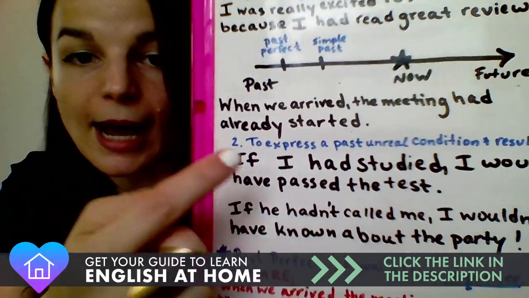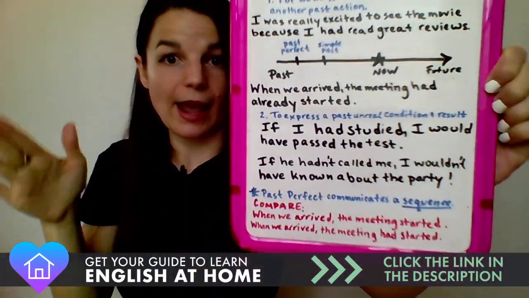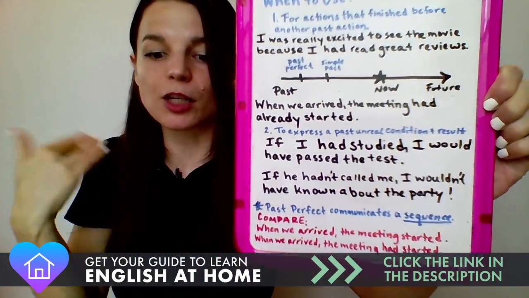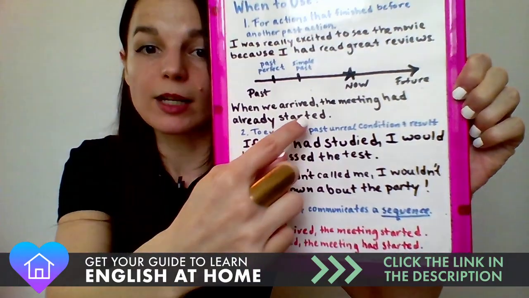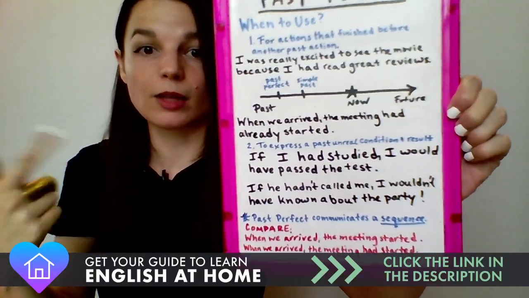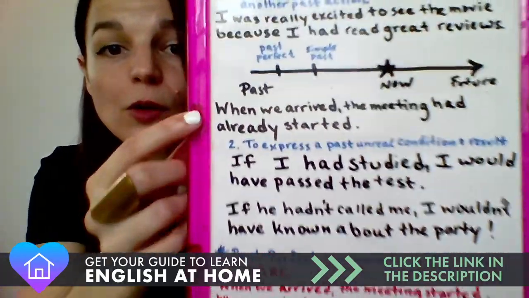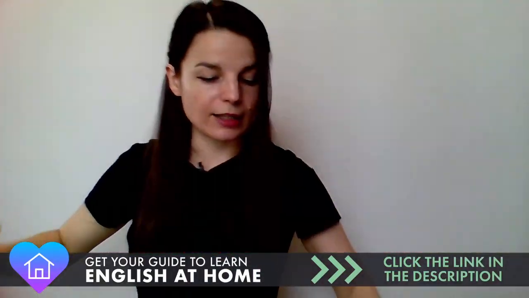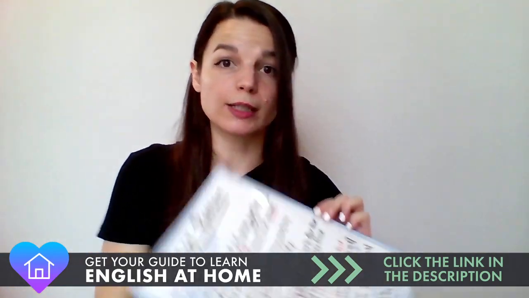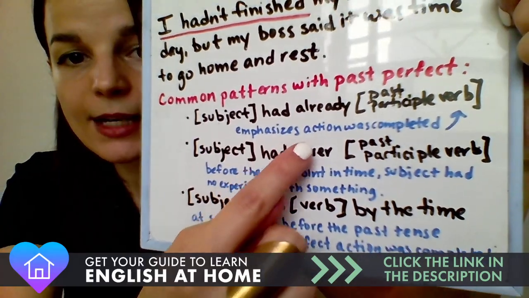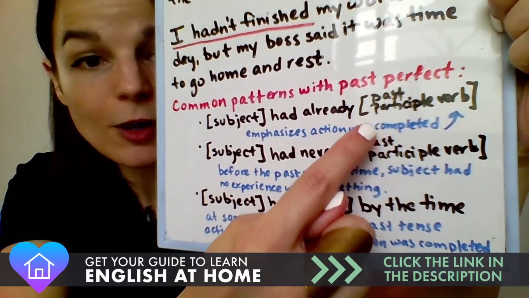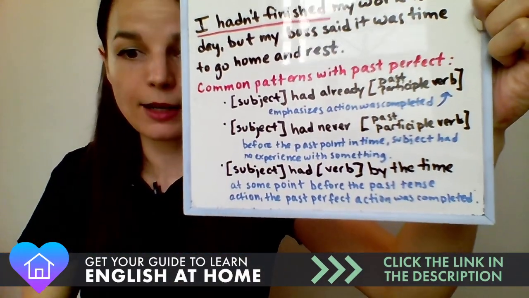We want to emphasize that this action began. So it feels a little bit like, oh, maybe I was late. Like I want to emphasize for some reason that this thing was completed or had been done. So "already" is a very common word you'll see in past perfect patterns. Again, it emphasizes the verb after "already" was completed.